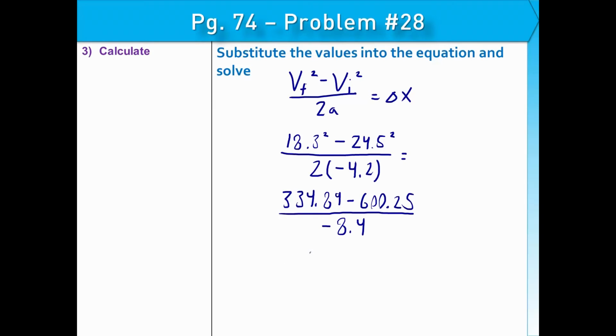That leaves me with negative 265.36 all over negative 8.4. Dividing negative 265.36 by negative 8.4, I should get a positive 31.590. Now, because I'm dealing with displacement, the unit for displacement is going to be meters, and this should be my answer.